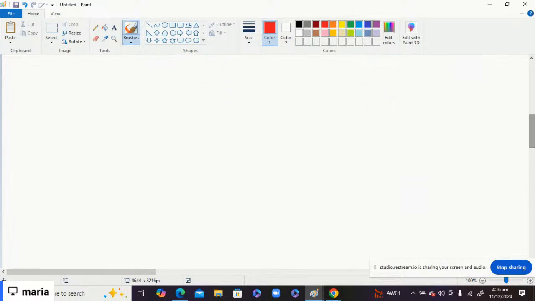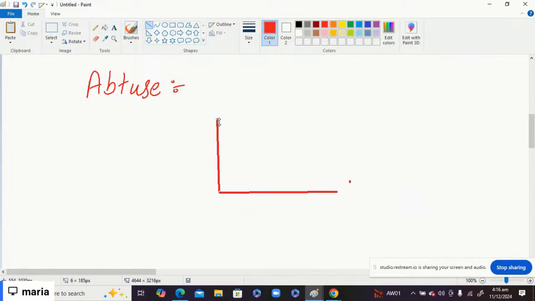Now, if we're talking about the obtuse angle, which is greater than 90, it's like here, and here is your 90 degree. This is your 90-degree angle, but the obtuse angle is greater than 90 degree, like it lies here, and here. Understand these angles, so this is called the obtuse angle which is greater than 90.